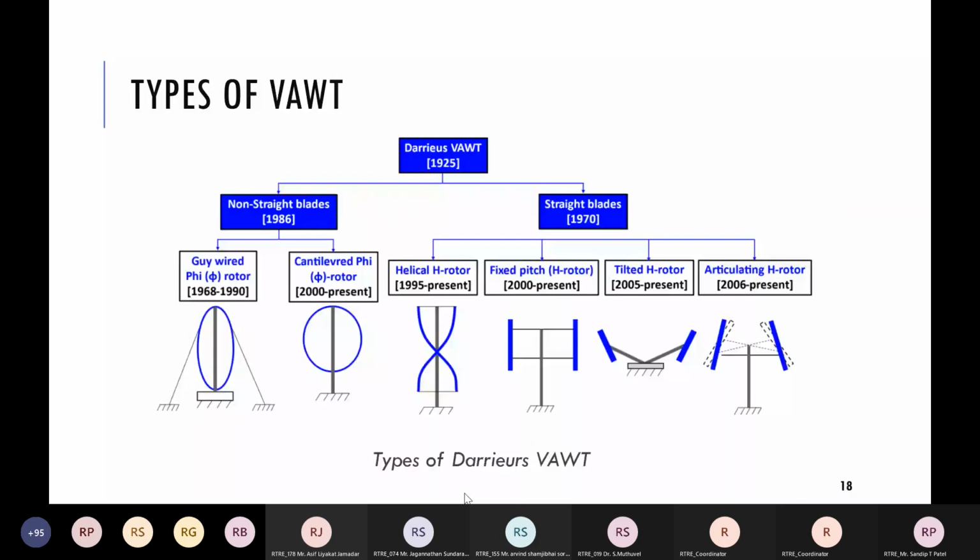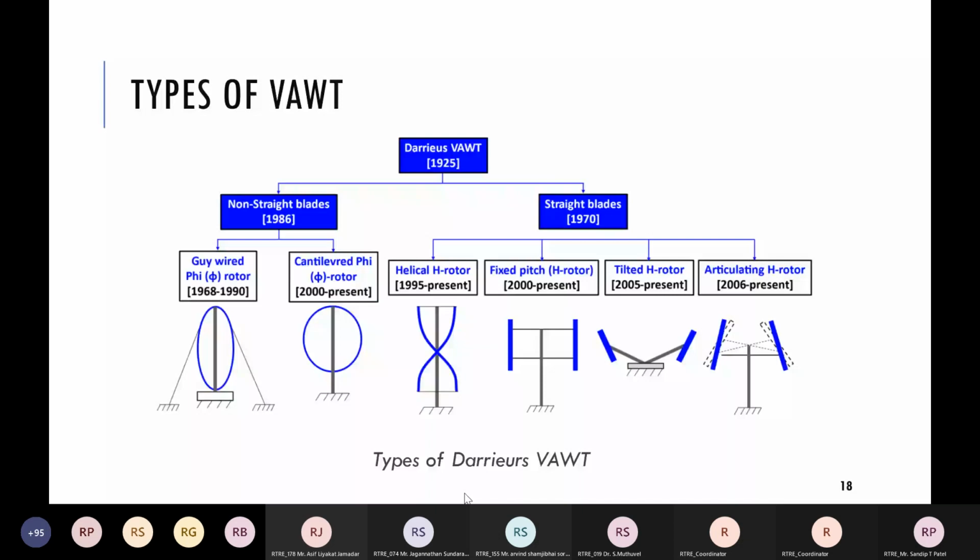Now, these are the various types of VAWT. You can see first what Darrieus invented. The shape is called the Troposkien shape. The Troposkien shape is made by just rotating a rope on an axis. If you hold both ends of a rope and rotate it, due to its momentum it takes some shape. When you do rope jumping, whatever shape the rope makes is called the Troposkien shape.